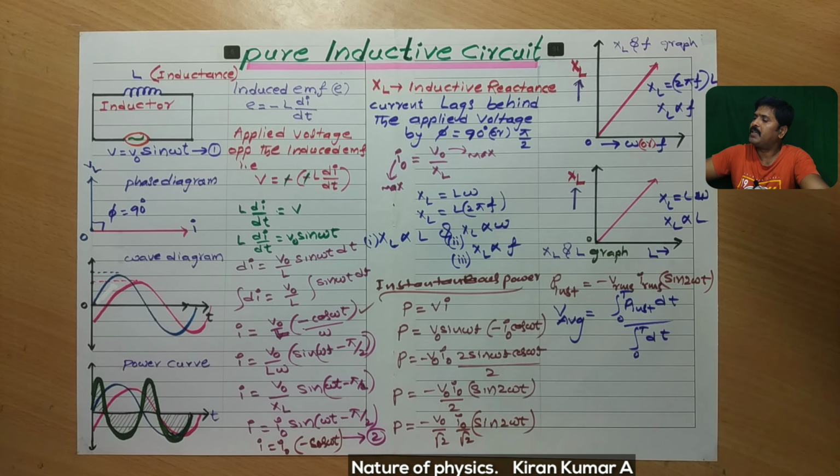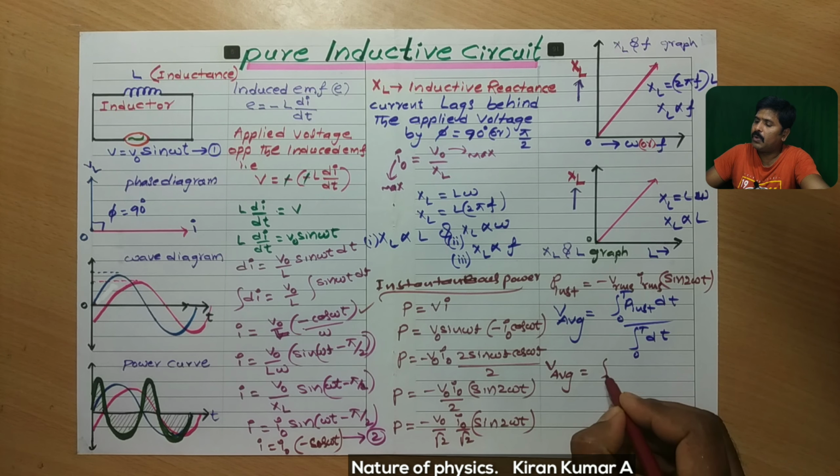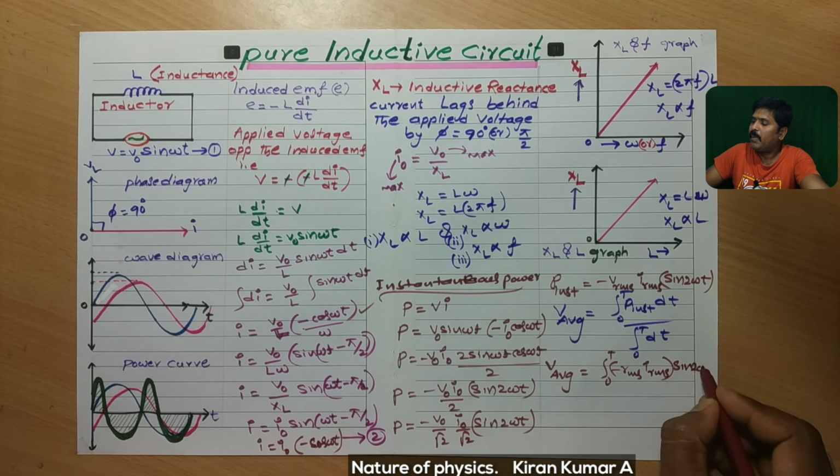The value is replaced. Now we will get P average, which is equal to integral 0 to T, where this P instantaneous is minus V RMS into I RMS into sin 2ωt, whole divided by integral of dt, which is T, student.